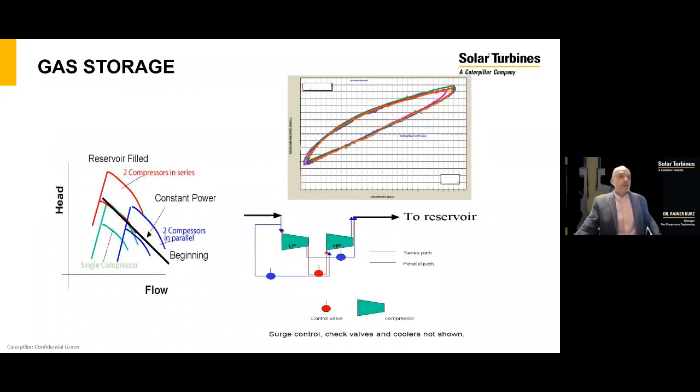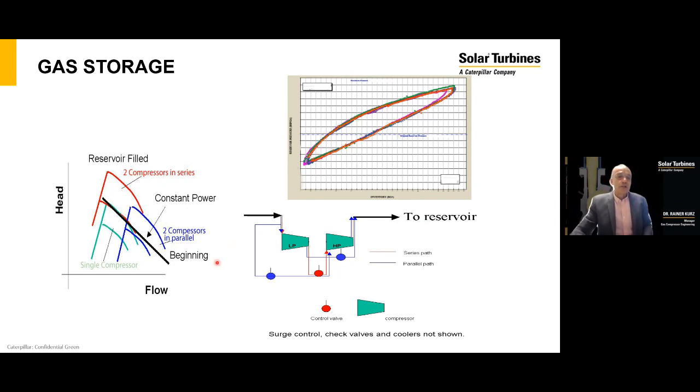Another type of question on configuration comes if you go into gas storage, where you essentially fill from a pipeline, you fill up a gas field. So that basically means that once you increase the gas in your storage facility, the pressure ratio will go up.